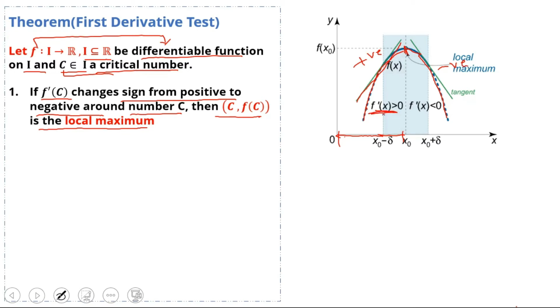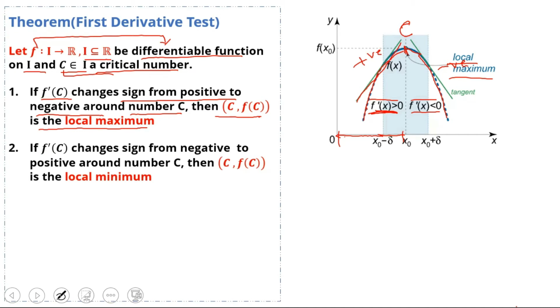In this region the derivative of the function is greater than 0, that is positive, and in this region the derivative of the function is negative. So this point, this is the point C, where the function has a local maximum.